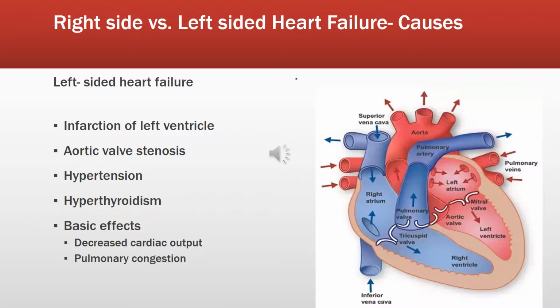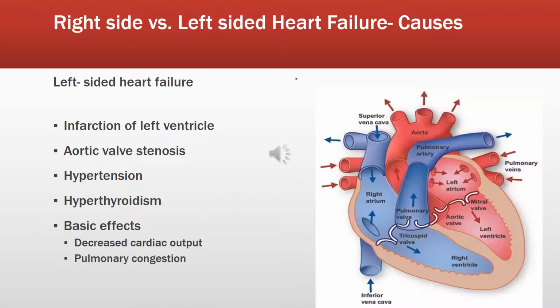So in left-sided heart failure, the left ventricle cannot pump all of its blood to the systemic circulation. So there's a backup behind the left ventricle where blood cannot return to the lungs. Blood cannot return from the lungs to the left side. So that causes congestion in pulmonary circulation.